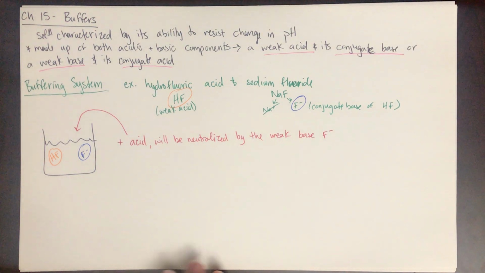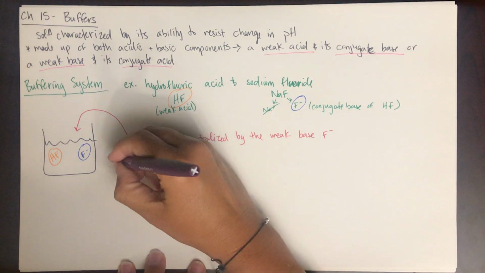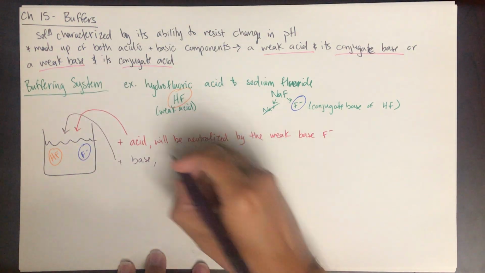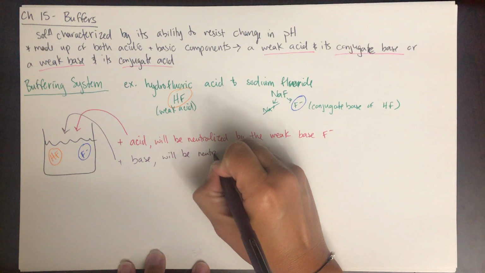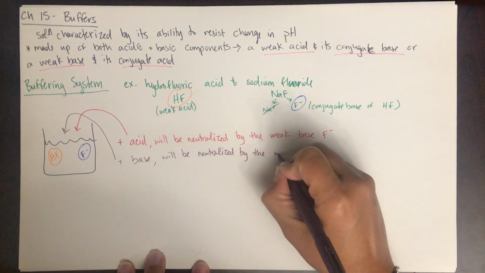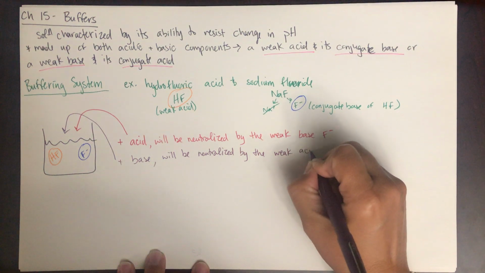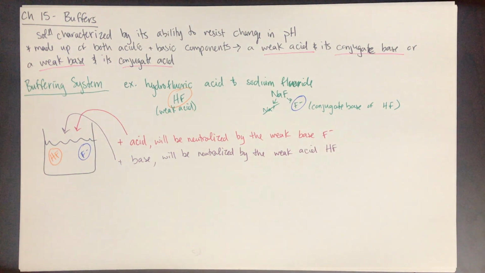If you were to add a base, the base will be neutralized by the weak acid, hydrofluoric acid, or hydrogen fluoride. So this is how a buffering system works.